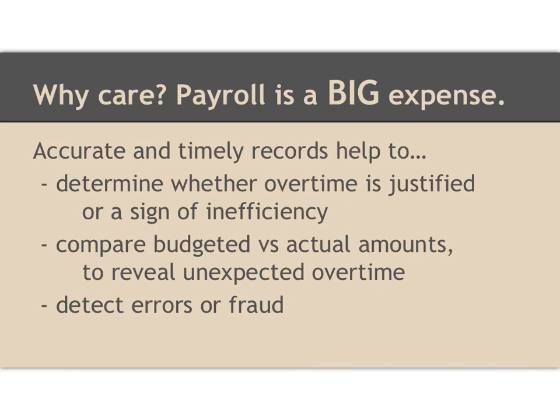Perhaps your payroll clerk is not doing a very good job, making mistakes. Perhaps your payroll clerk is doing something nefarious. Perhaps your employees are doing something nefarious and claiming overtime that they did not work, or claiming hours, period, that they did not work. So the employer wants to be very concerned, very aware of how the money for payroll is being spent. And that's why employers take such a great effort to make sure that their payroll information is as correct as possible.